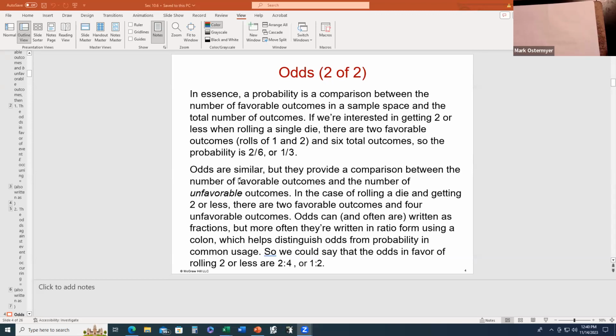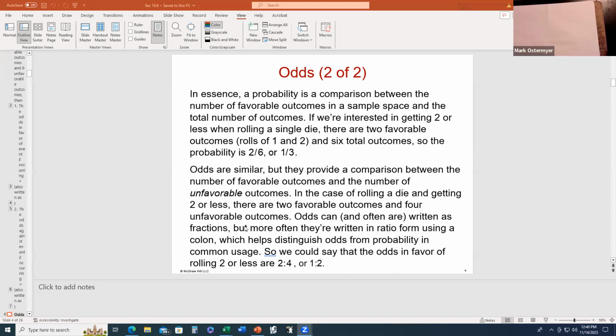Now, odds are similar, but they provide a comparison between the number of favorable outcomes versus the number of unfavorable outcomes. So in the case of rolling a die and getting 2 or less, there are 2 favorable outcomes, but there are 4 unfavorable outcomes which would not warrant that 2 or less is rolled.